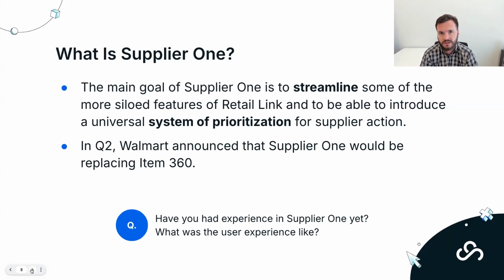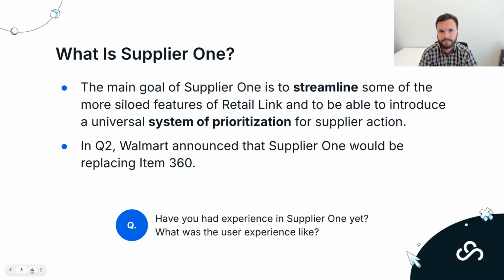Walmart won't necessarily be as motivated. Well, let me say it this way. The system of fines and punishments that Walmart has created around compliance and deductions and all of that is designed to basically put the supplier's priorities and Walmart's priorities in the same place.